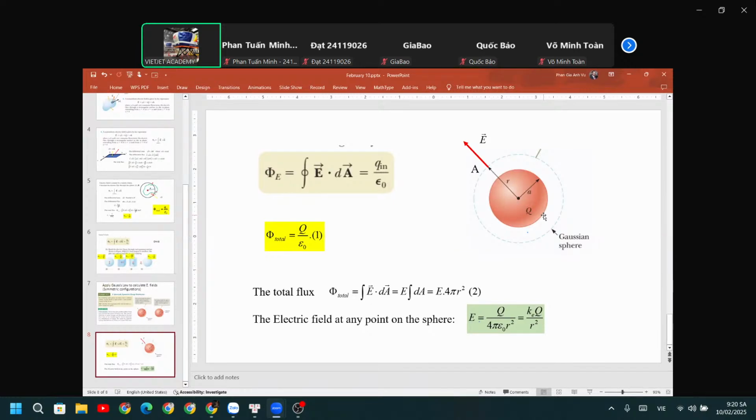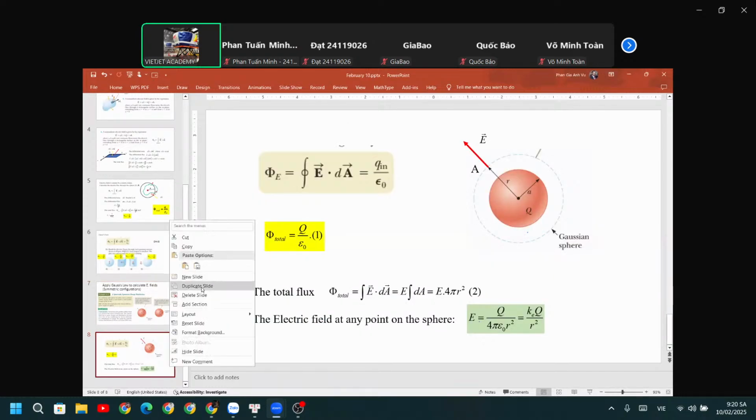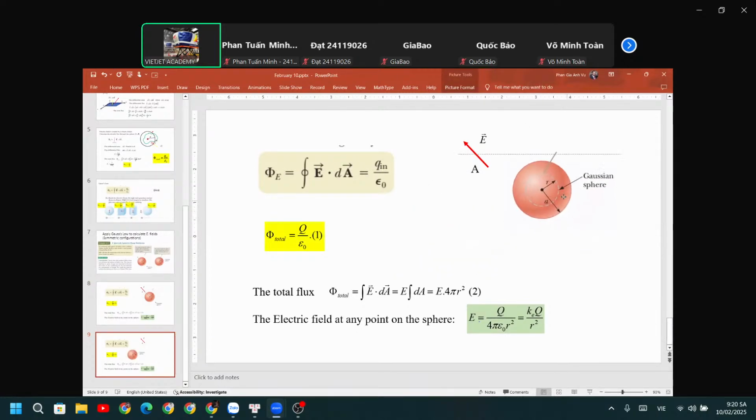Now what happens inside the sphere? Somewhere inside the sphere. So now I copy the picture here to another case. Now I have the outside of the sphere. Inside, sorry.